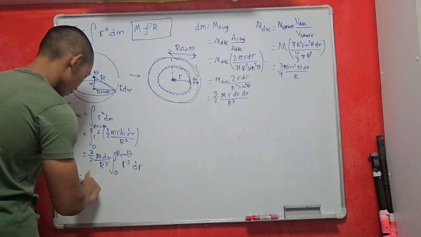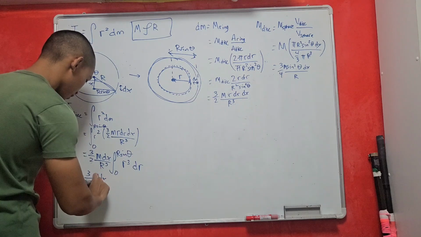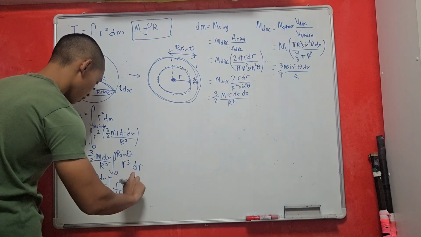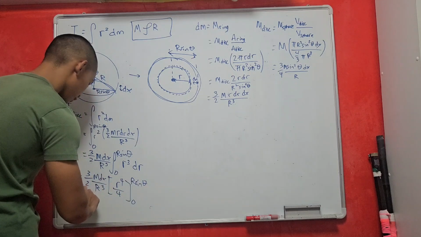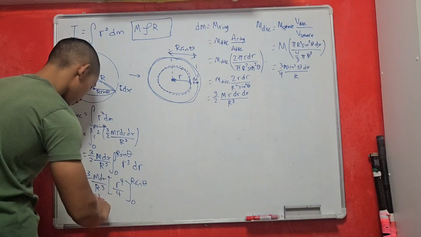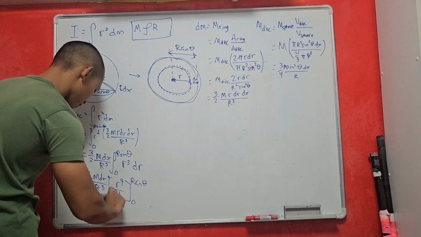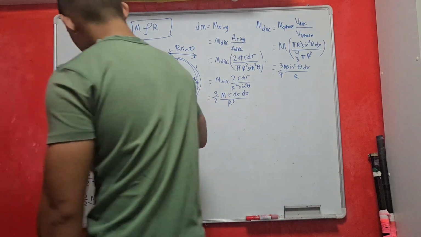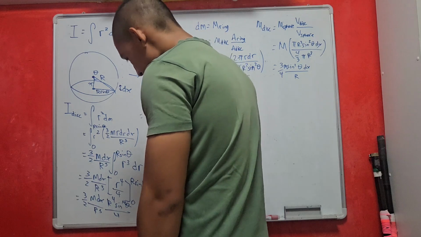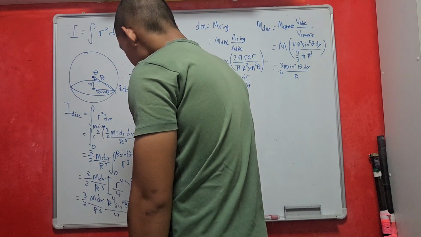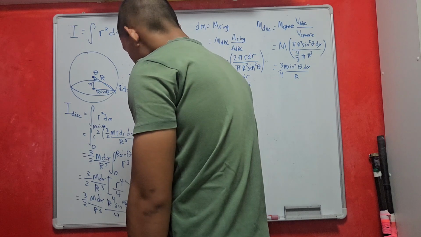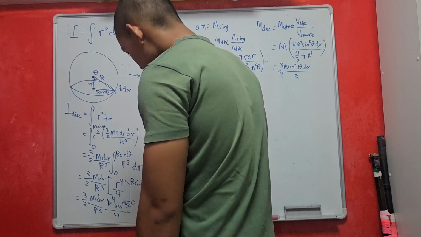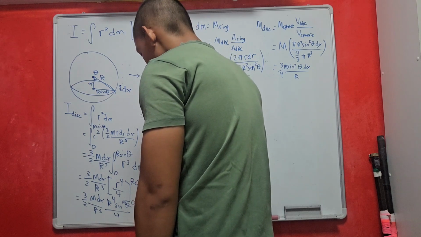Okay, so this is the integral that we'll be working with, which is a very simple integral. It's just 3 over 2 m dx over r cubed, r to the 4 over 4, from 0 to r sine theta, and this is just 3 over 2 m dx over r cubed, r to the 4 sine to the 4 theta over 4, and this can be simplified to be 3 over 8 m r sine to the 4 theta dx.